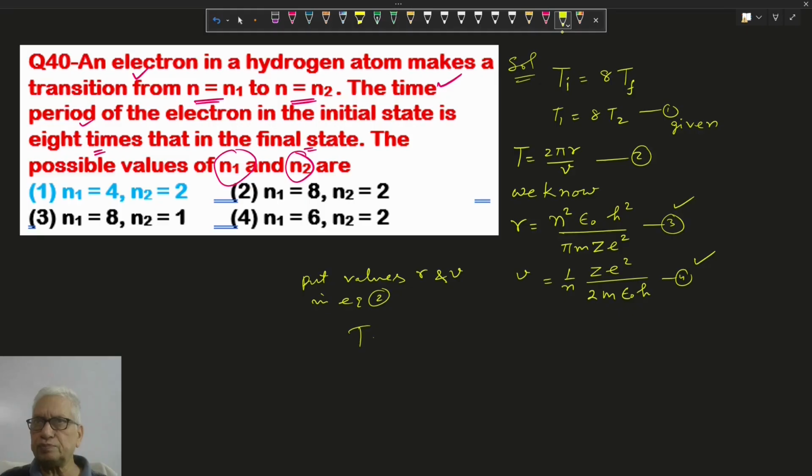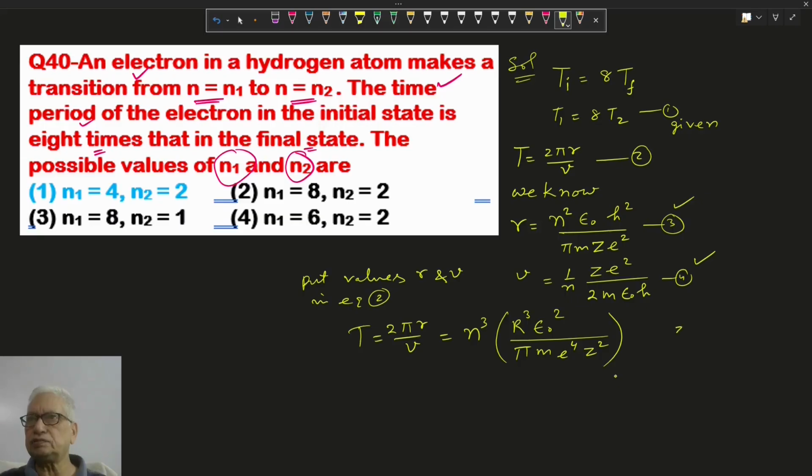We get the time period as 2 pi r upon v, which comes to 2 pi n cubed, and then n cubed h cubed epsilon naught squared divided by pi m, 4 and z squared. Here z is constant for hydrogen atom, z is equal to 1. Everything in the bracket is a constant quantity, so T is directly proportional to n cubed.